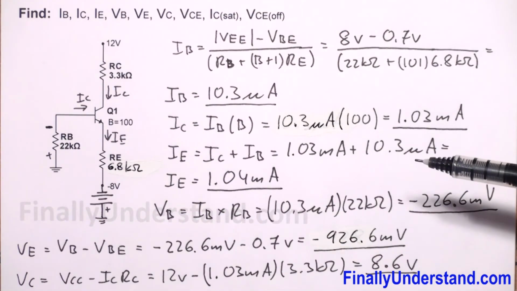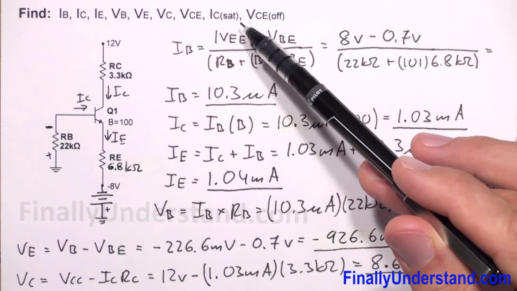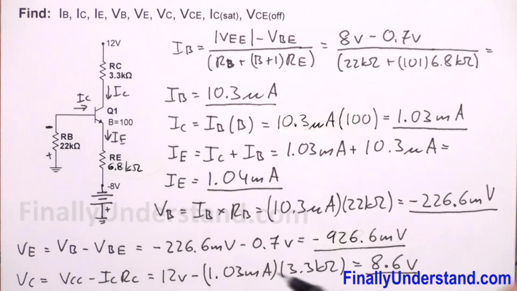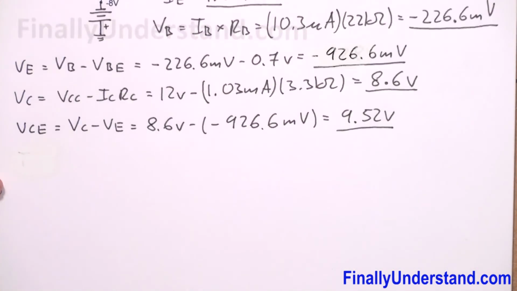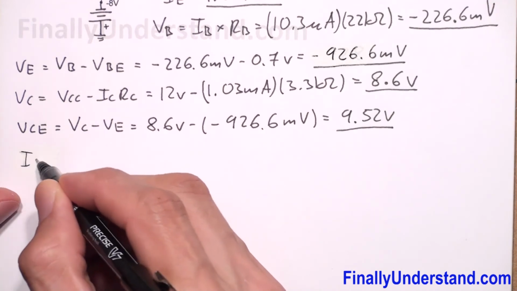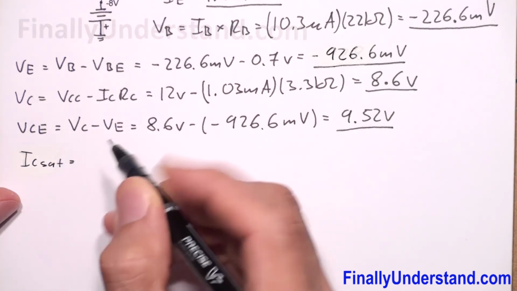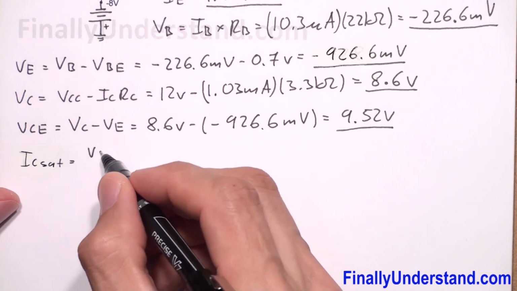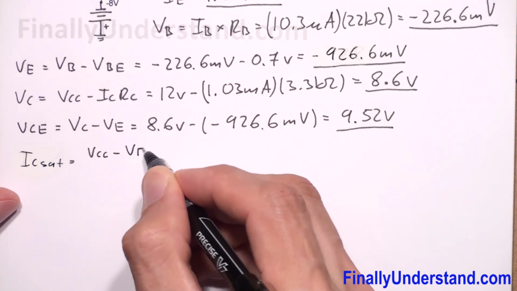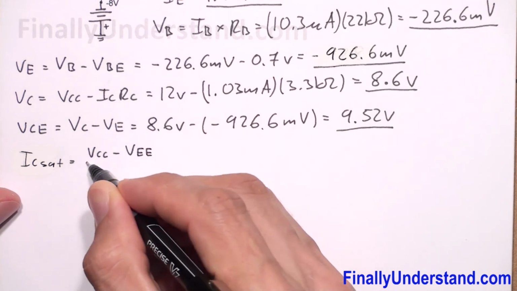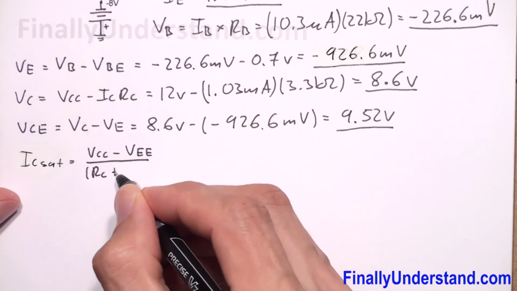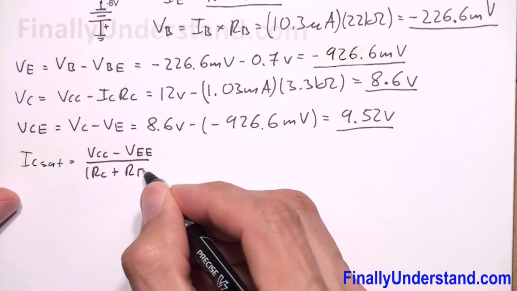Next I'm supposed to find the saturation current. This is the maximum current which will go from collector to emitter, and the formula for it is IC sat equal to VCC minus VEE over RC plus RE.